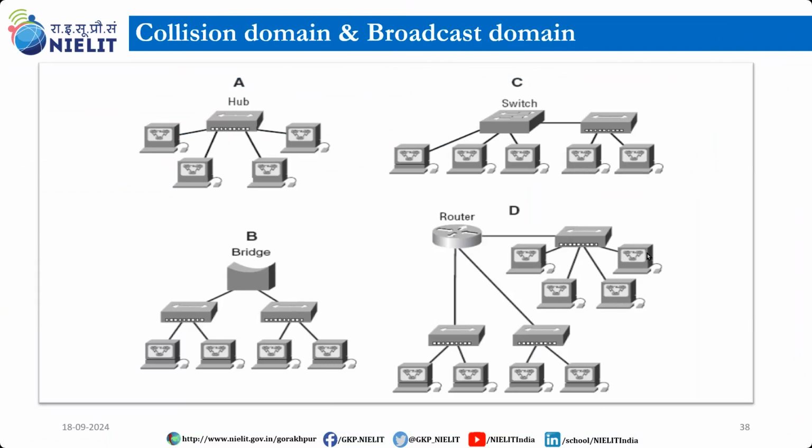So if a DHCP server is connected on this network, suppose this PC is acting as a DHCP server, the other computers, these three computers, will get the IP address from the DHCP server, but this computer will not get any IP address from this DHCP server, because DHCP-based mechanisms are totally dependent on broadcast-based communication.